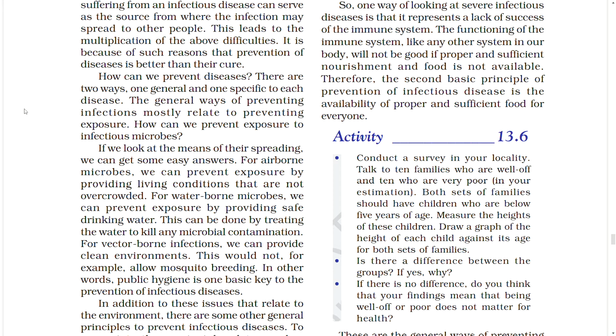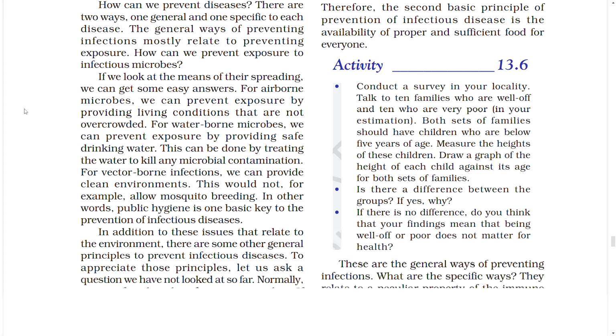For waterborne microbes, we can prevent exposure by providing safe drinking water. This can be done by treating the water to kill any microbial contamination. For vector-borne infections, we can provide a clean environment. This would not, for example, allow mosquito breeding. In other words, public hygiene is one basic key to the prevention of infectious diseases.